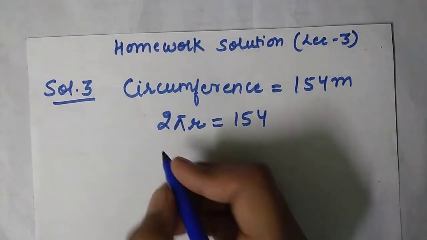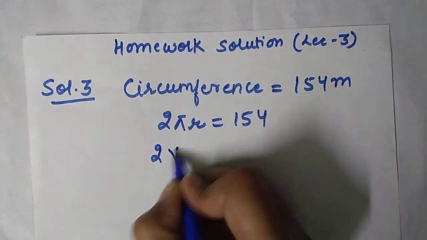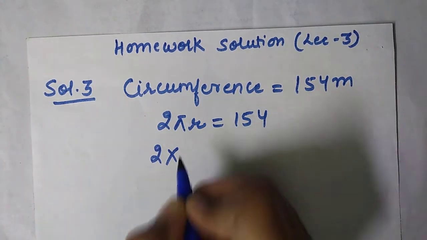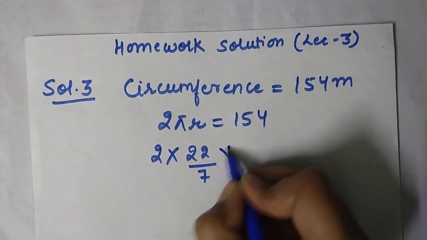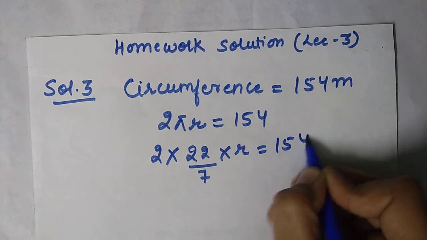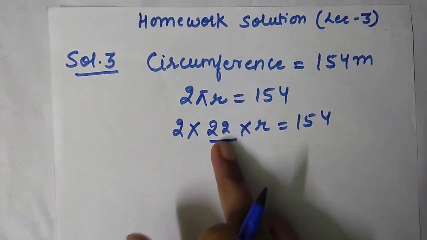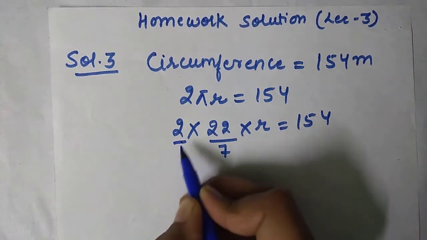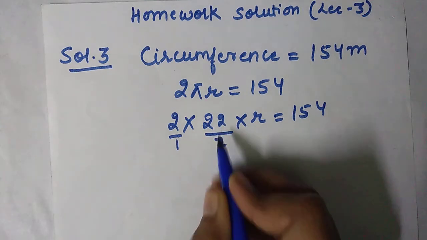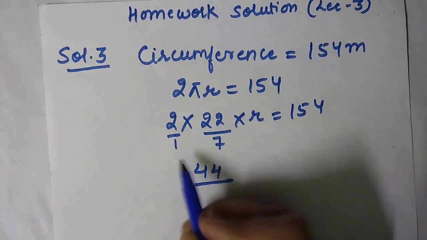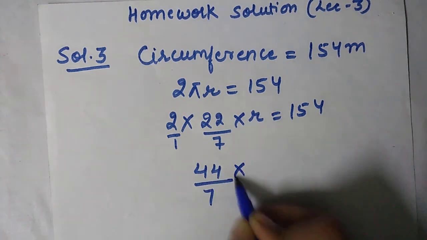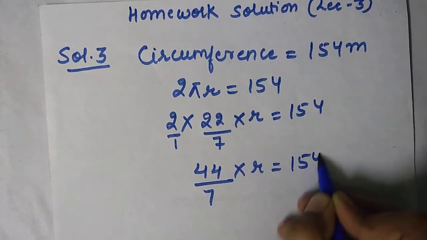Now put the value of pi. Here in this question we have to take pi as 22/7. So 2 into 22/7 r equal to 154. Now 2 into 22 is 44, and 1 into 7 is 7, so 44/7 into r is equal to 154.